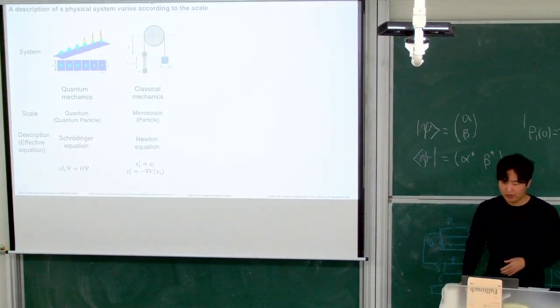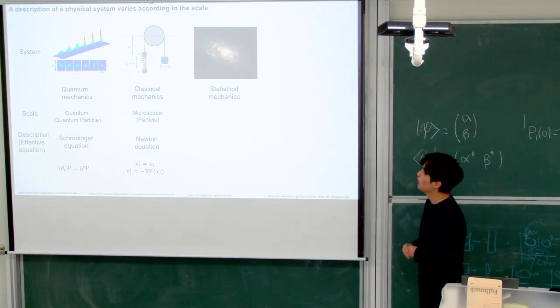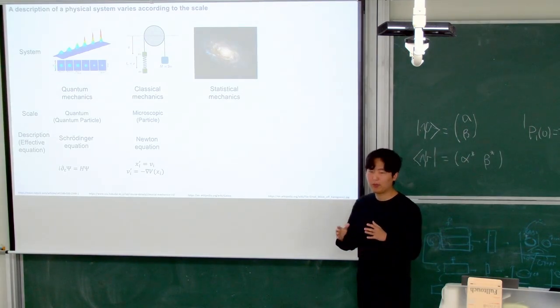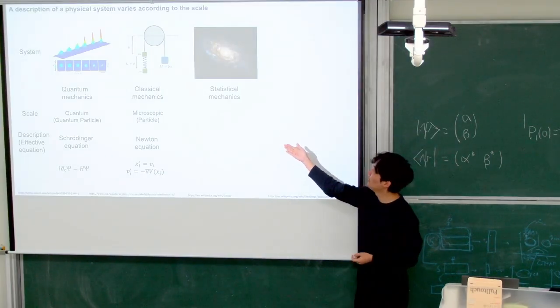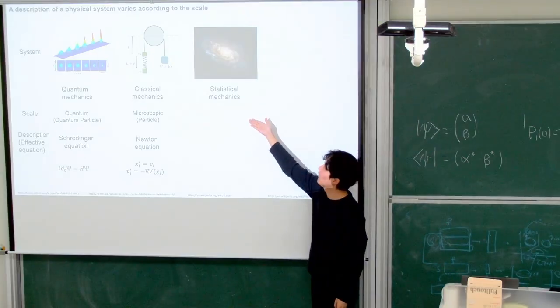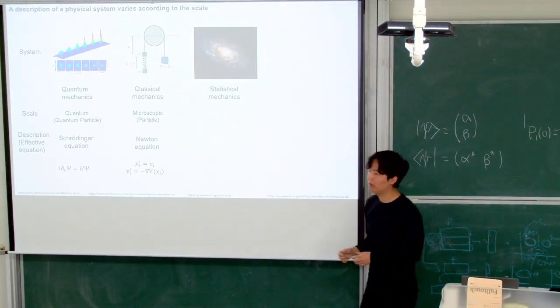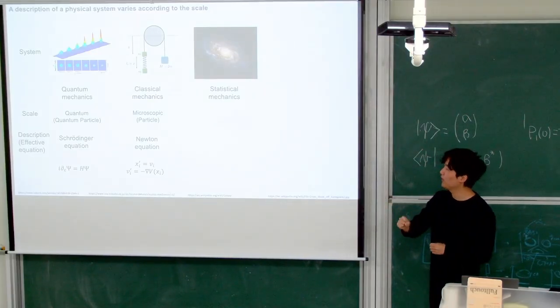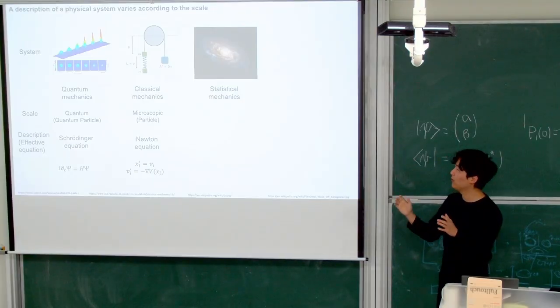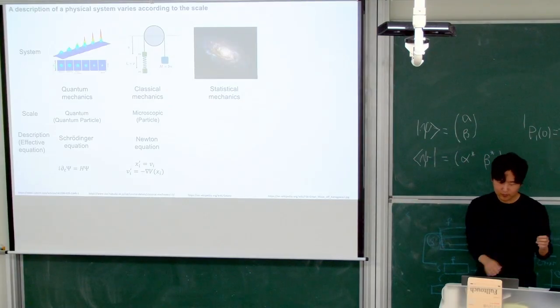On the opposite side, if we want to look at a regime of very many particles, like the galaxy in our universe, then the system is in statistical mechanics. We can no longer deal with individual particles. We instead look at the whole thing and do statistics.